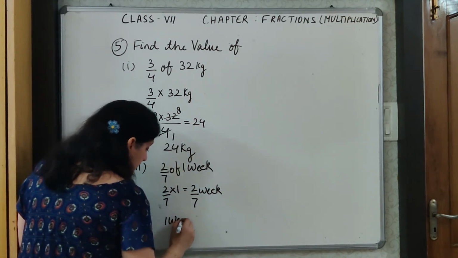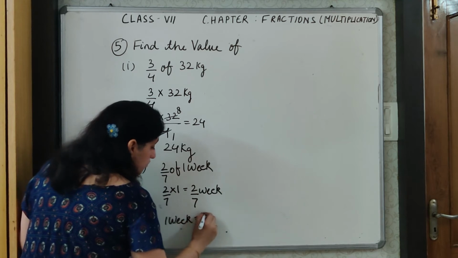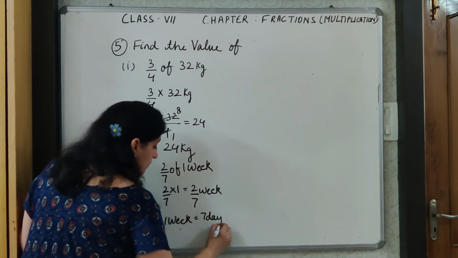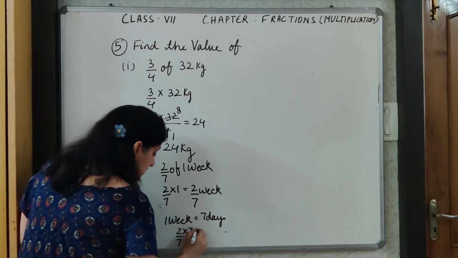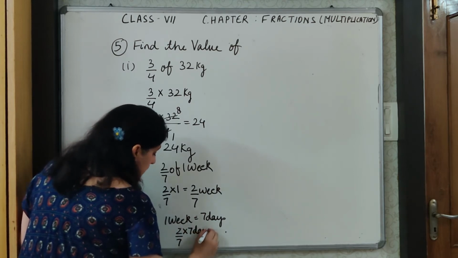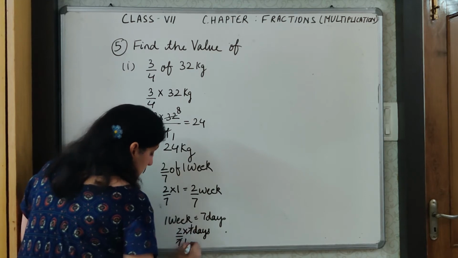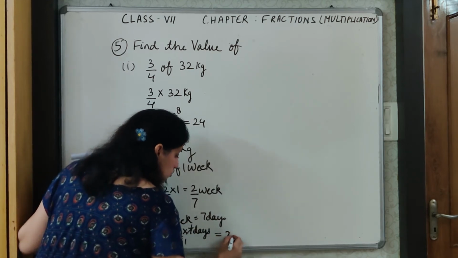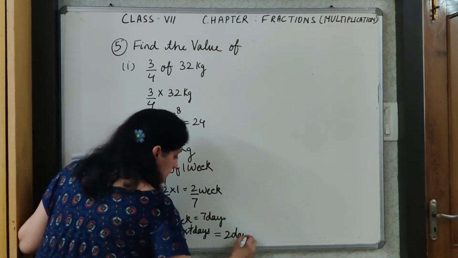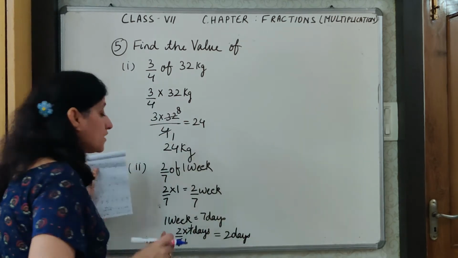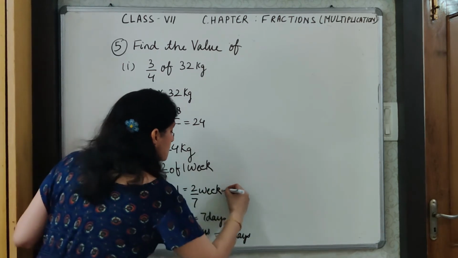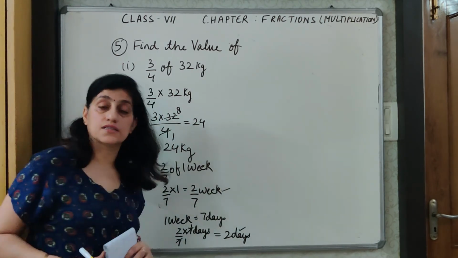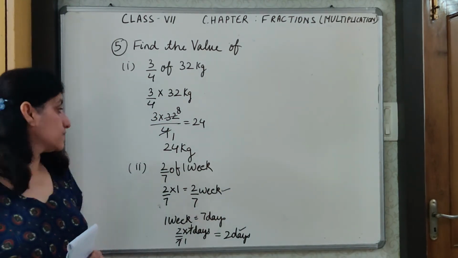So I say 1 week is equal to 7 days, and then I write 2 by 7 of 7 days. 7 1s are 7, 7 1s are, so the answer comes to 2 days. Because they have not asked in the question to return the answer in days, this answer will also be correct and this answer will also be correct.